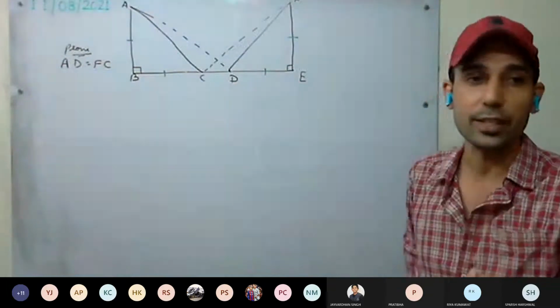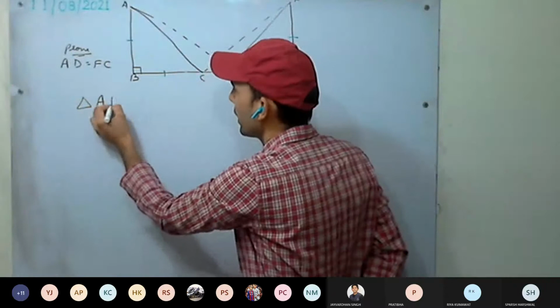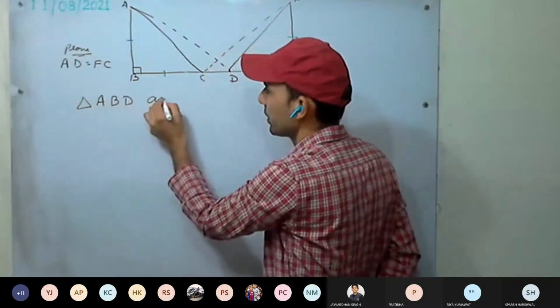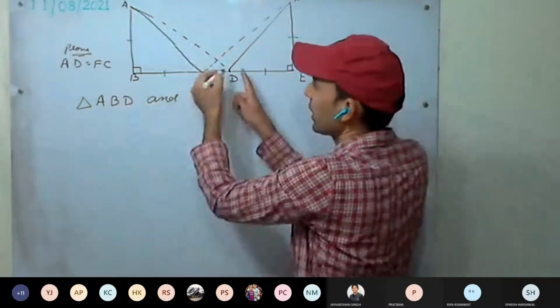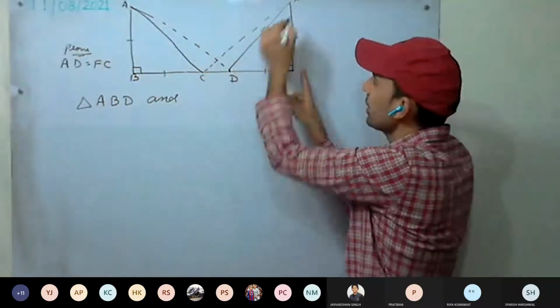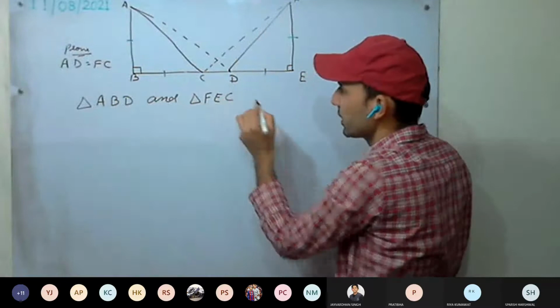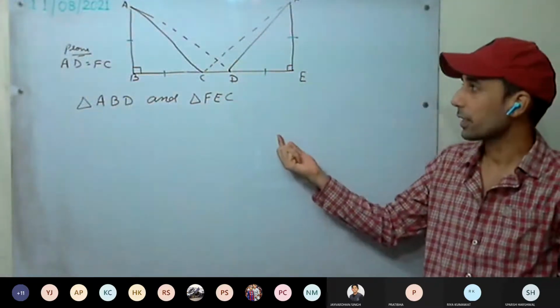If my voice is not clear, just let me know, okay? AD is part of triangle ABD, and FC is part of triangle FEC. These two triangles we have taken.